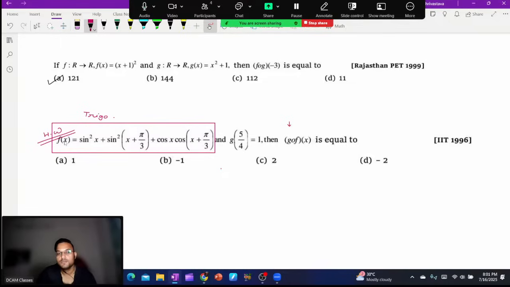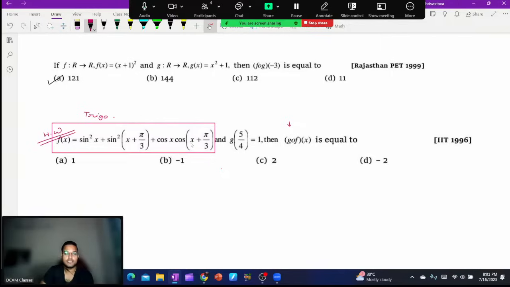You have to solve using your trigonometry knowledge and get the value of this function. You'll get some integer value, or I don't know what value you will get. You have to solve this one, get some answer, and then see what you get as the final answer.